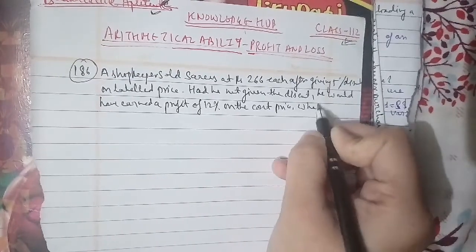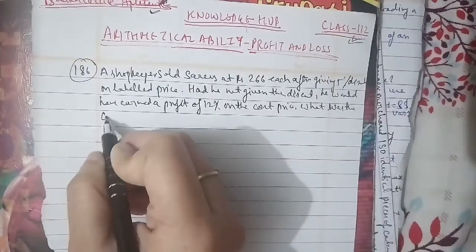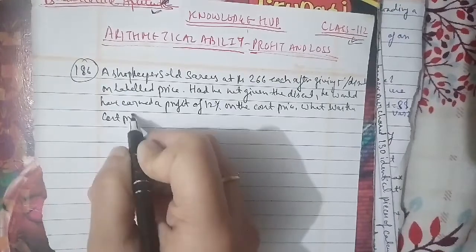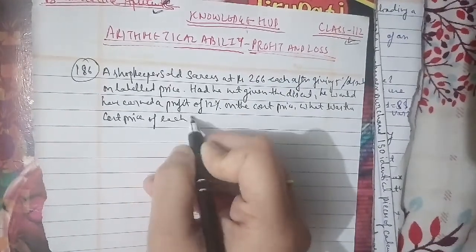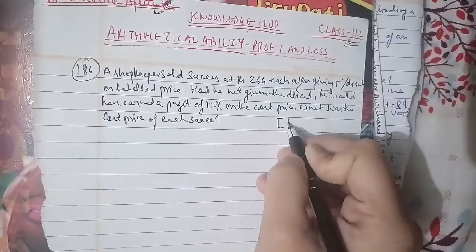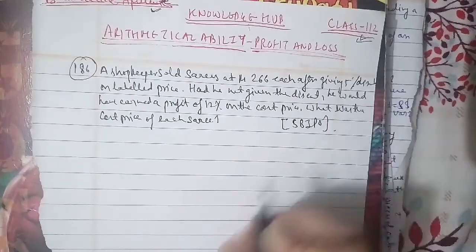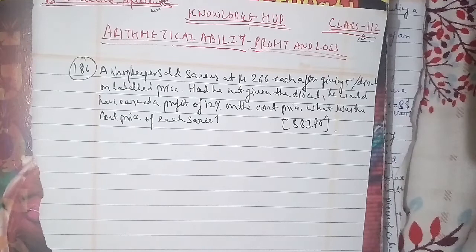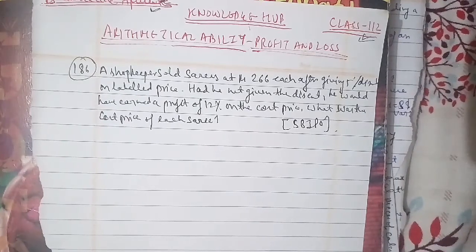What was the cost price of each saree? This has been asked in the SBI PO question paper. The options we have are 240, 260, 280, and data inadequate, none of these. So we go ahead for the same here, and that is what we'll have to discuss as well.